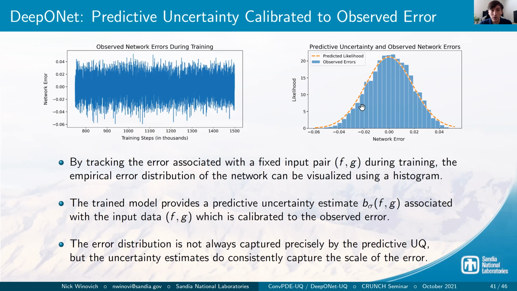And for a lot of the cases, here is the predicted likelihood. So basically this is a Gaussian distribution with a scale parameter taken from the prediction the network has for this particular FG pair. And in a lot of cases, it's dead on. There are some cases though where it has a bias. So I looked into adding bias. I'm still considering that, but it's always normally distributed.